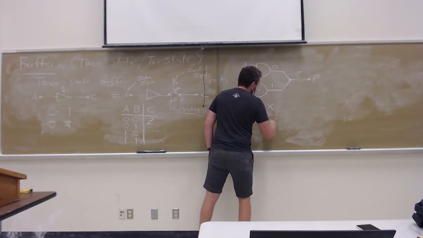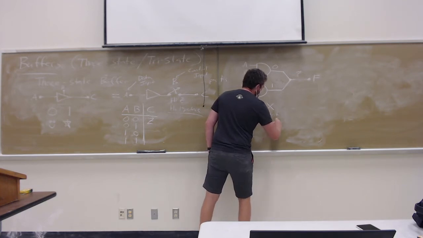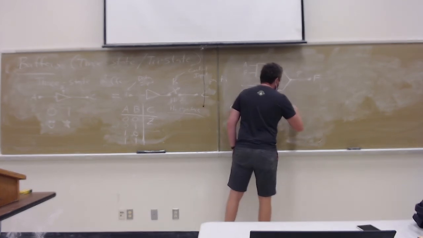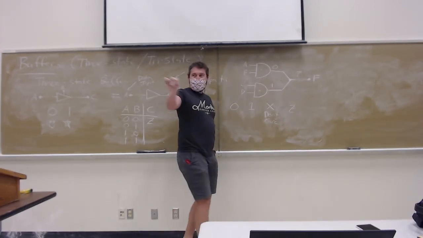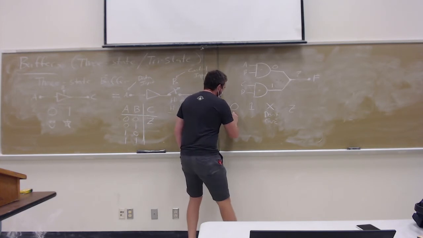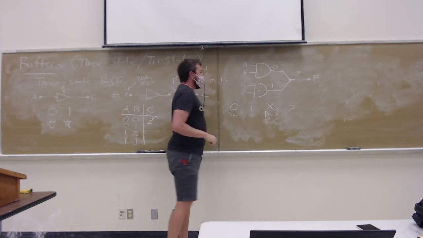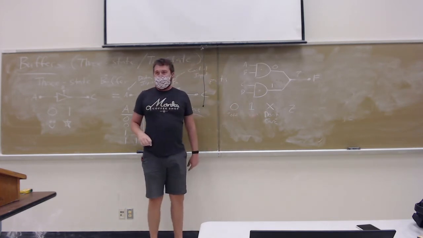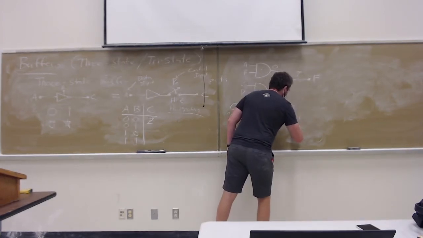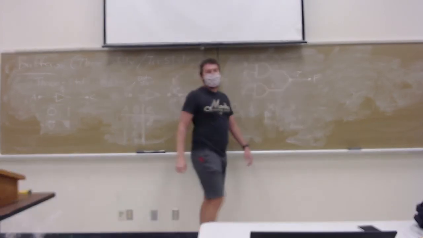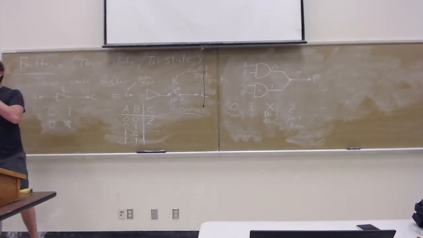It's not the same value as Z. So we can think of it this way: 0 is off, 1 is on, X is we don't care if it's on or off, and Z is we don't know if it's on or off. Is a way to look at it.